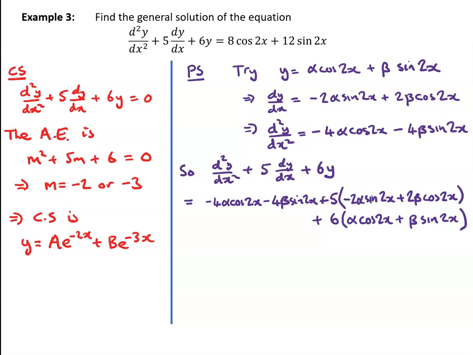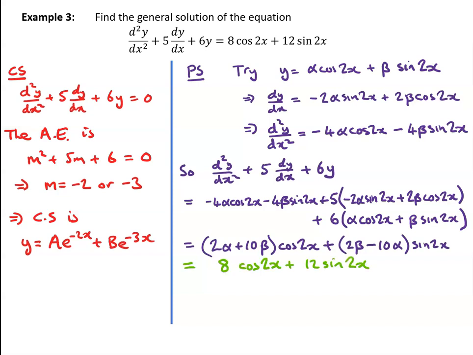Tidying that up, collecting together the sine terms and the cos terms separately, we get (2 alpha plus 10 beta) cos 2x plus (2 beta minus 10 alpha) sine 2x. We want that to equal 8 cos 2x plus 12 sine 2x.